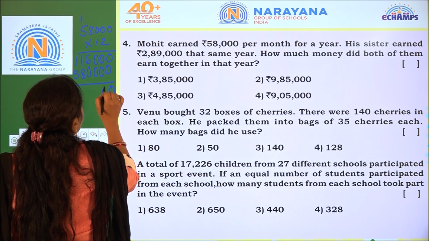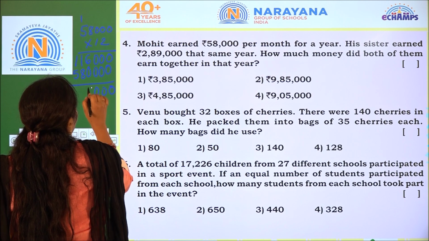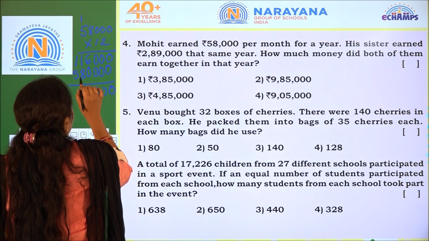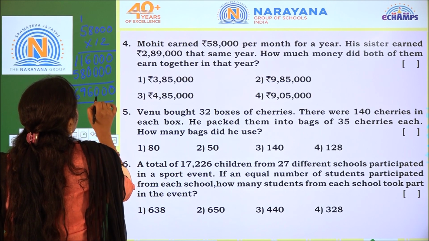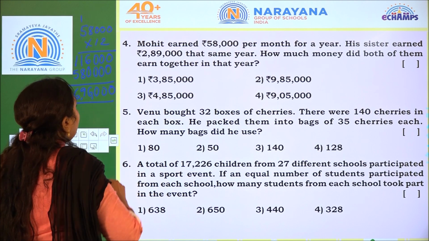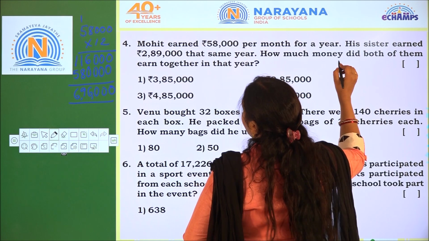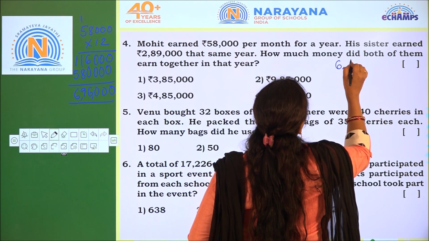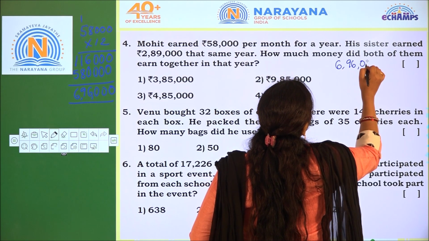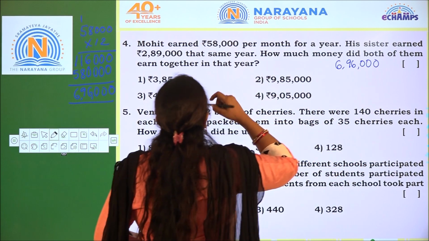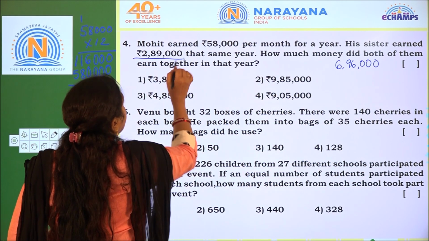Add the numbers: 6 plus 0 is 6, 1 plus 8 is 9, 1 plus 5 is 6. So 6,96,000. So Mohit earned 6,96,000 per year. Now coming to his sister, how much?